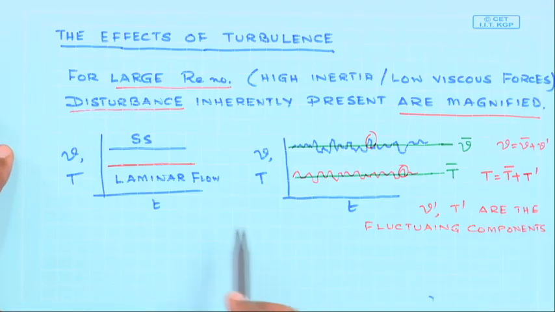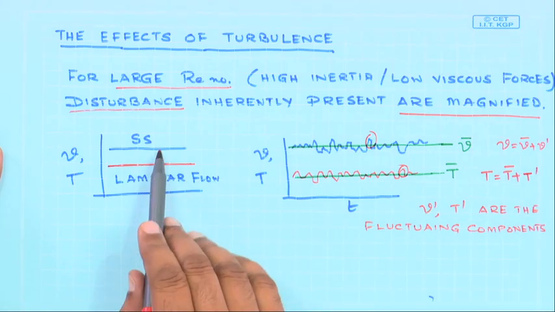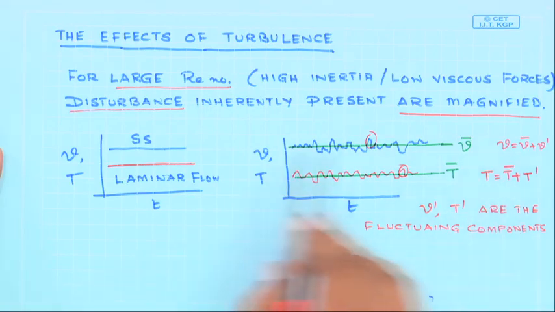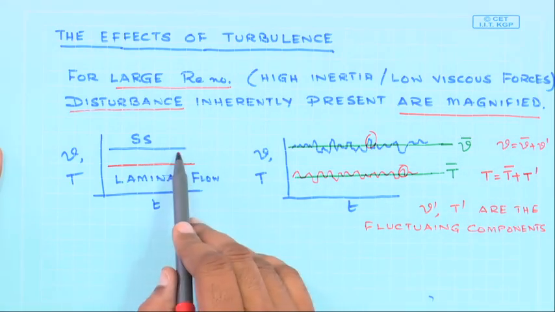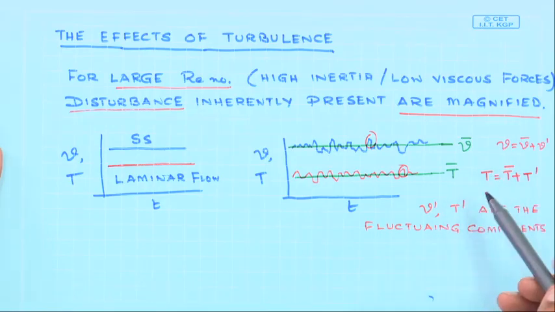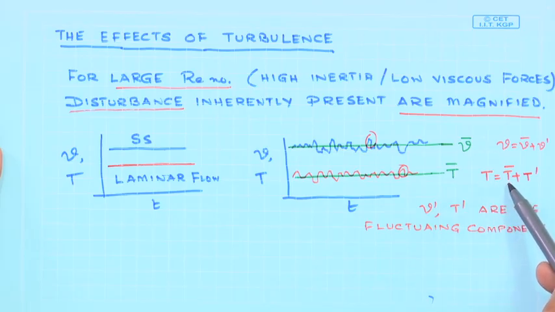Of course, in laminar flow you do not have a fluctuating component, and V, the velocity, is essentially the same as the time average velocity. So, they are constant, and their time average value would obviously be equal to the same velocity. Similarly for temperature variation, and in turbulent flow it can be expressed as the sum of a time average temperature plus a fluctuating temperature.